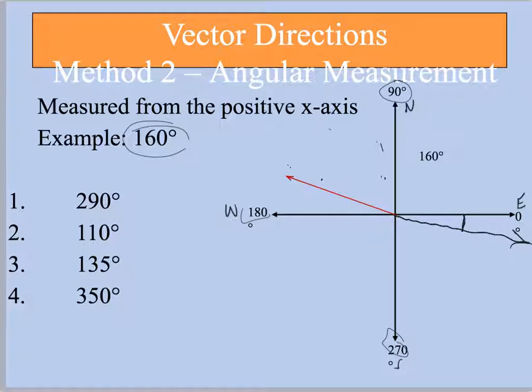It'd be 360 minus 350, so 10 degrees south of east. Or we could say, well, what's this angle here? Well, what's 90 minus 10? 90 minus 10 is 80 degrees, and that would be east of south. So 350 degrees, or 80 degrees east of south, or 10 degrees south of east.